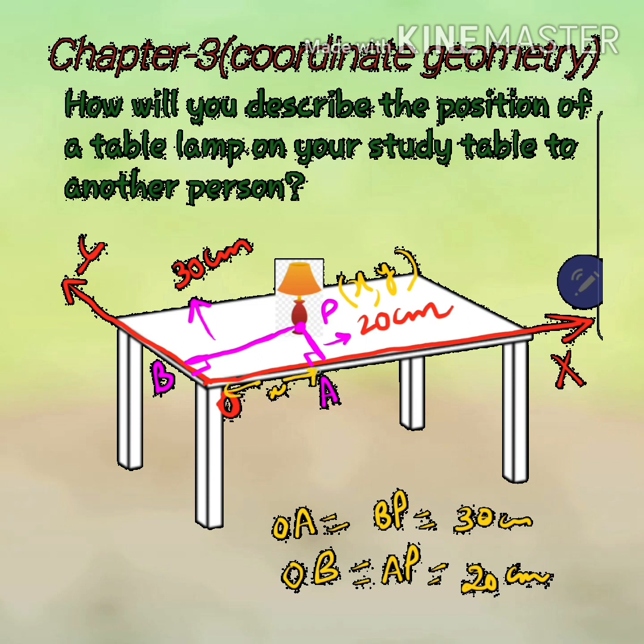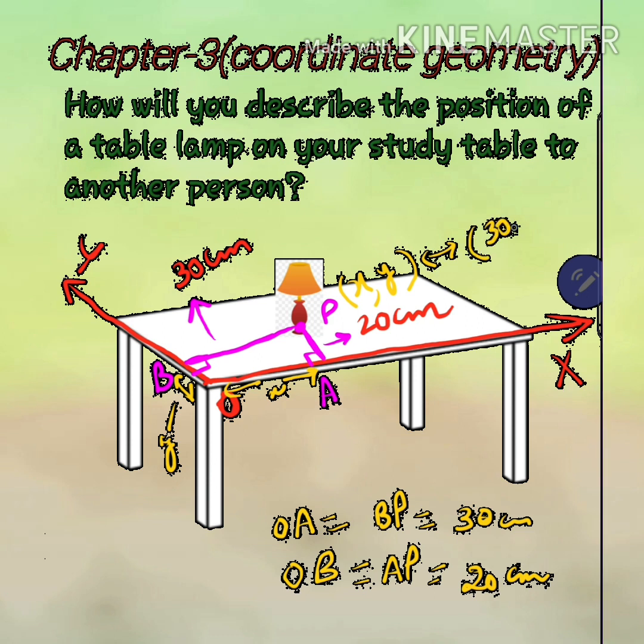And the distance OB, which is on the y-axis, we will mark as y. So when you write the coordinates of P, it will be a combination of x and y, so we can mark their values as x 30 comma y 20 in this case. So this will be the position of the table lamp.